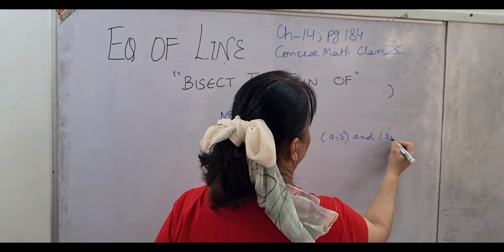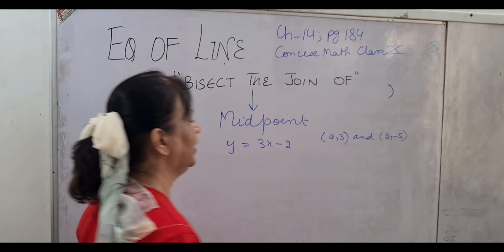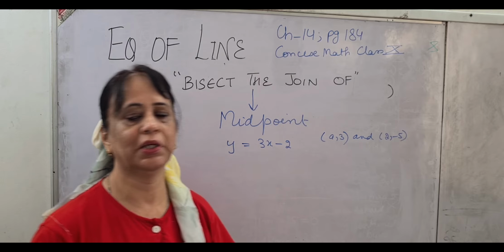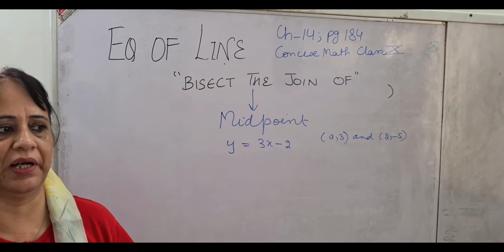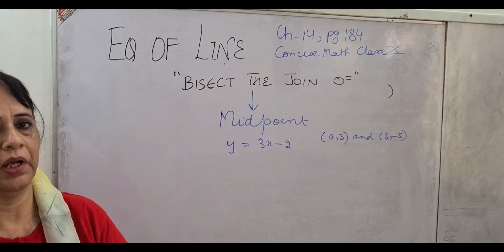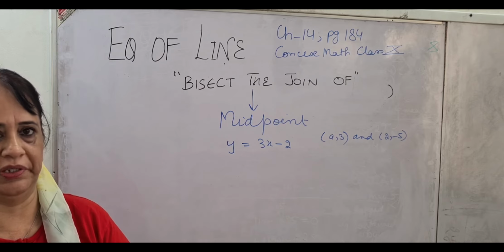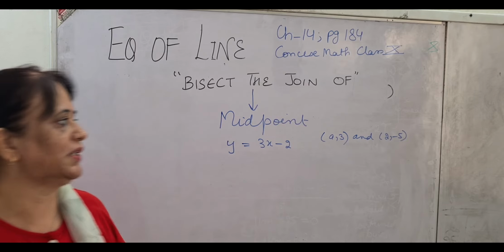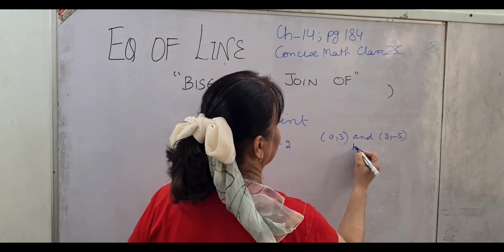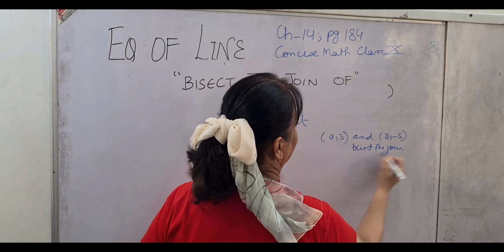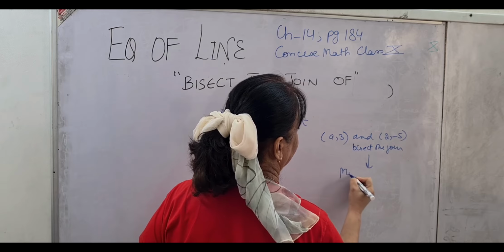So whenever there is bisect the join, the equation will be 1 only, but the points will be 2, because you cannot find the midpoint unless you have 2 points. So 1 line and 2 points. Because from the 2 points I have to find the midpoint.